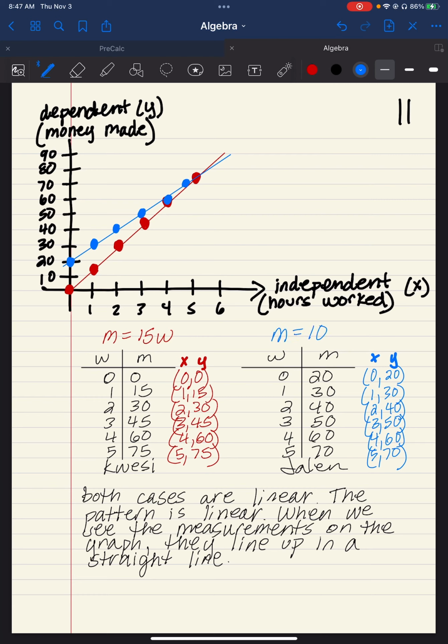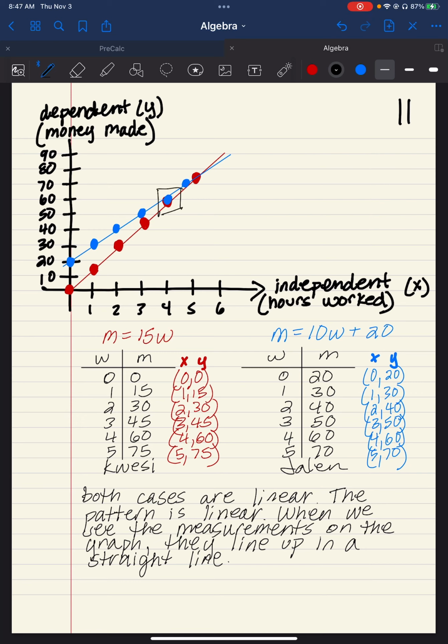And then for those of you curious, you should notice that there is a point where they make the same amount of money and they work the same amount of hours, and we call this the intersection of the lines. So we might add on this last and final thought.